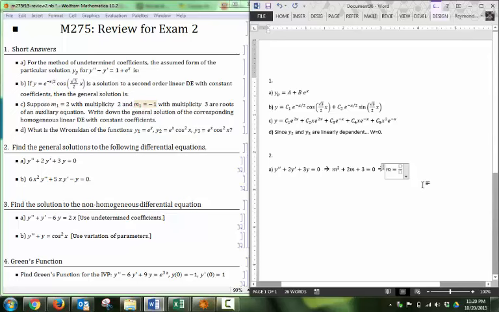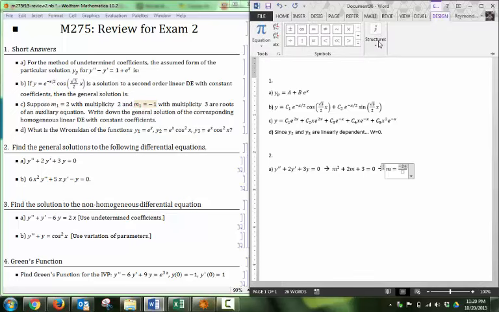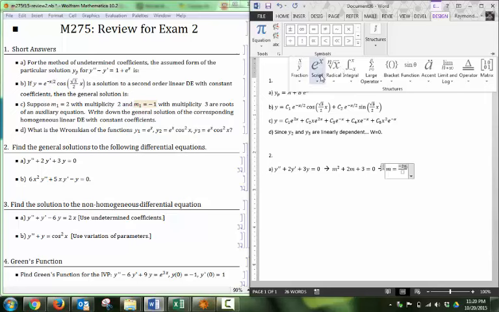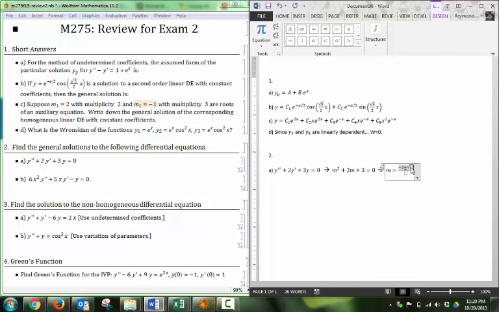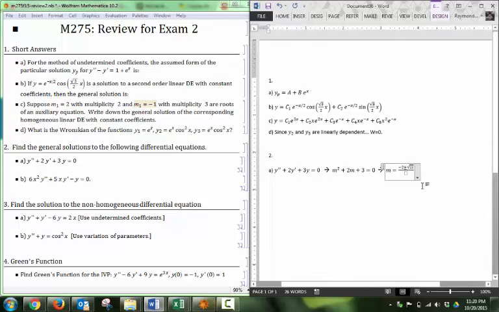So our m should be equal to minus b, so it's negative 2, plus or minus the square root of b squared, and b was equal to 2, so that's 4, minus 4ac.